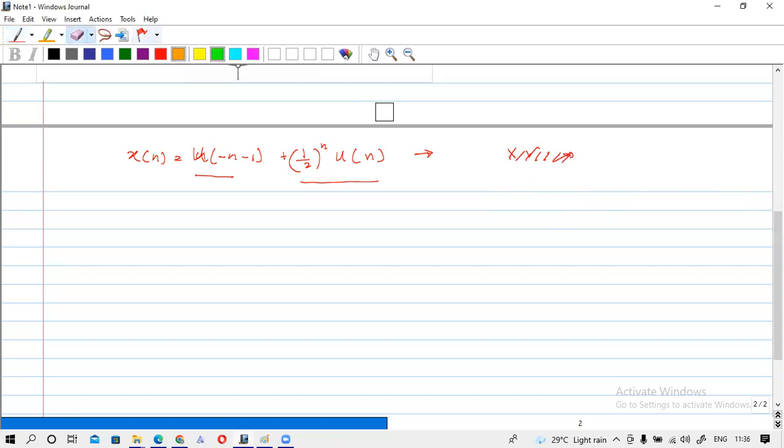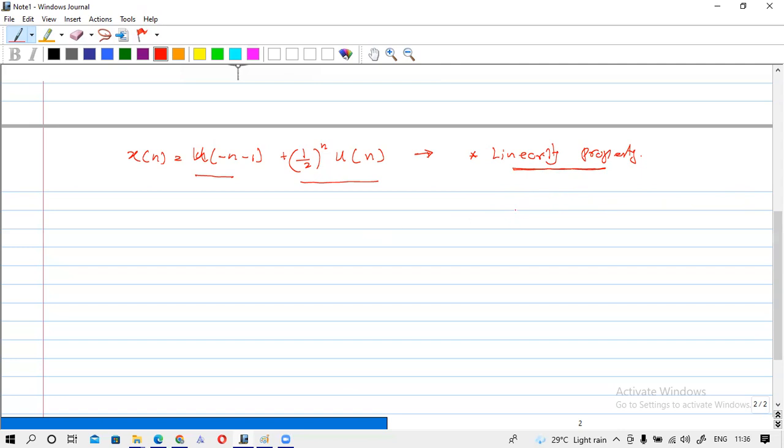So we can use the linearity property first. I think now you can understand why these properties are important, because we can use them to simplify our analysis.